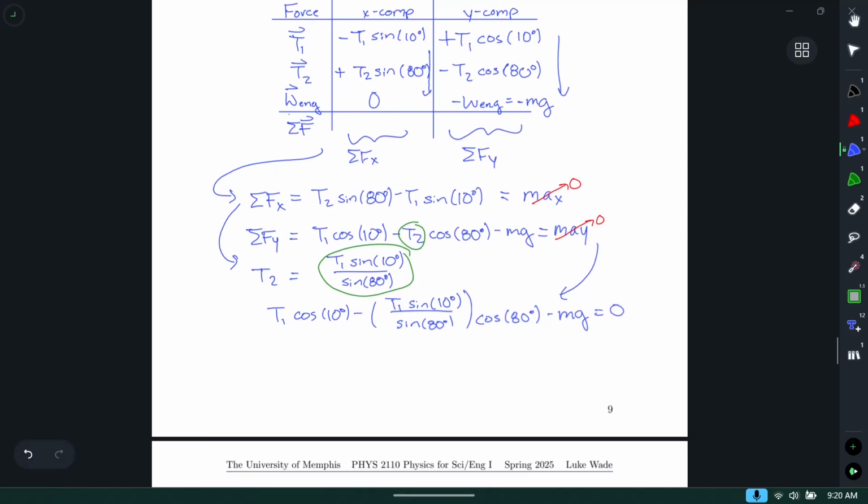So we can factor it out of the first two terms and then bring mg over to the right-hand side, and then divide by all that stuff we factored out from the T1s.